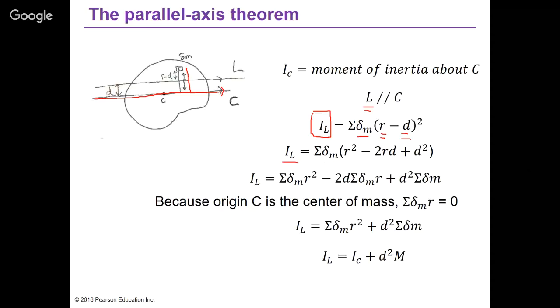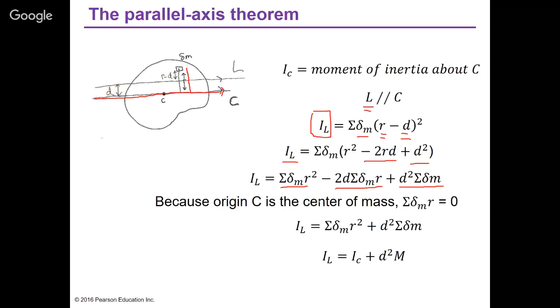Then the moment of inertia would just be r squared minus 2rd plus d squared, right? And then you expand this into three expressions, the first term, the second term, and the third term right here.